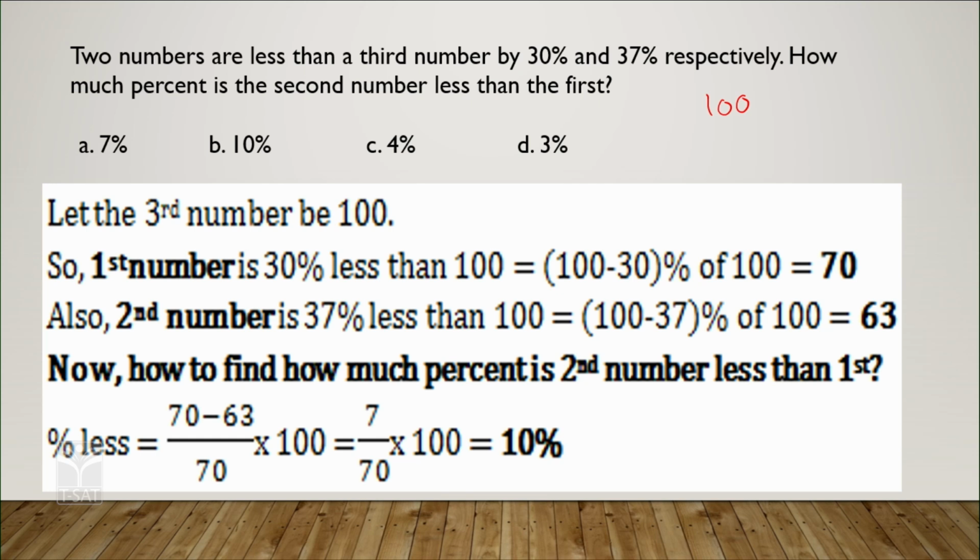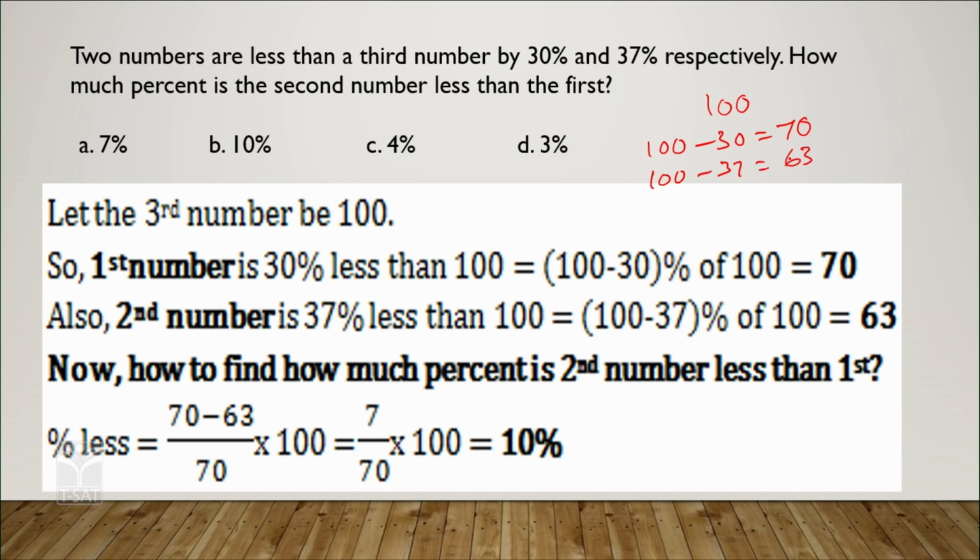So here the first number is 30% less. 30% less means you have to subtract 30, means 100 minus 30, 70 is the first number. Next one is 37% less, means 100 minus 37 is 63.